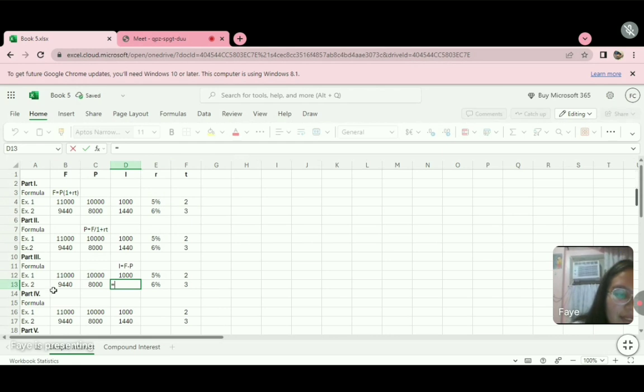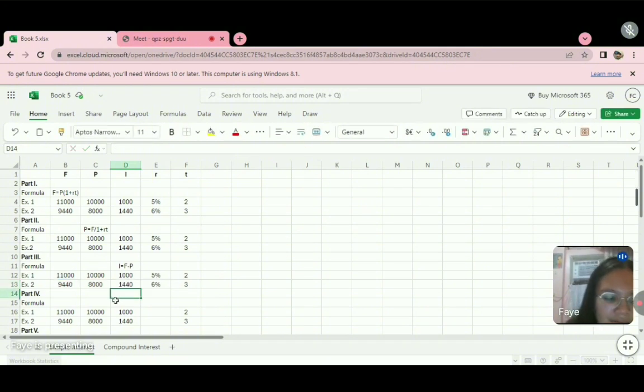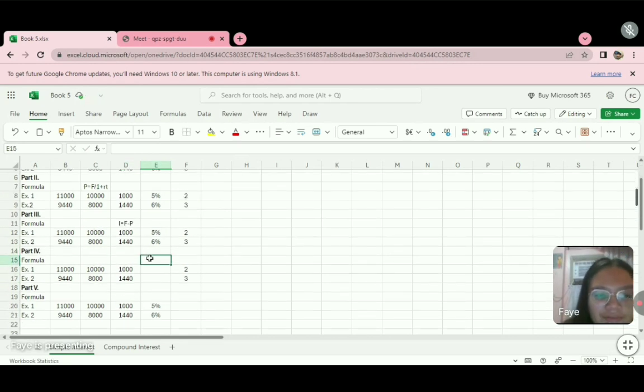Next is 9,440 minus 8,000, which is equal to 1,440.